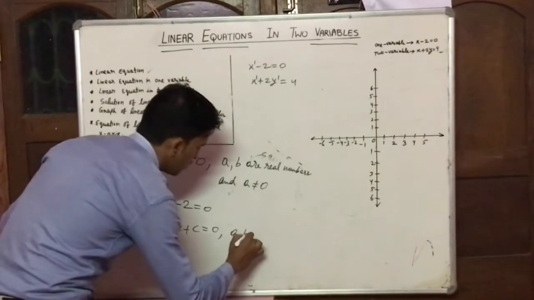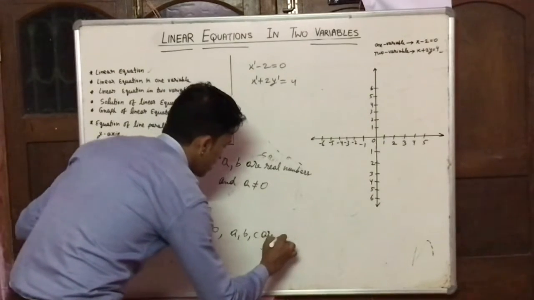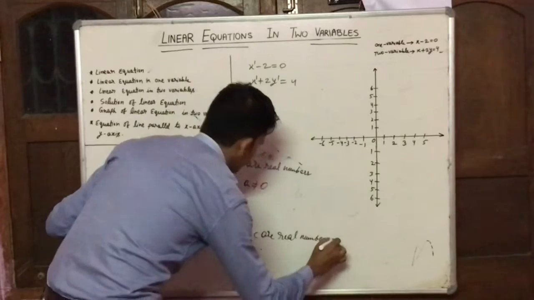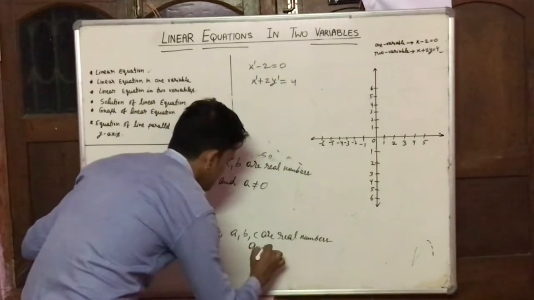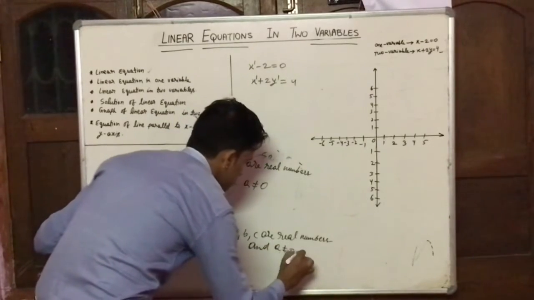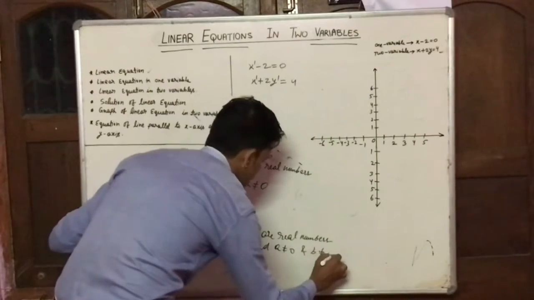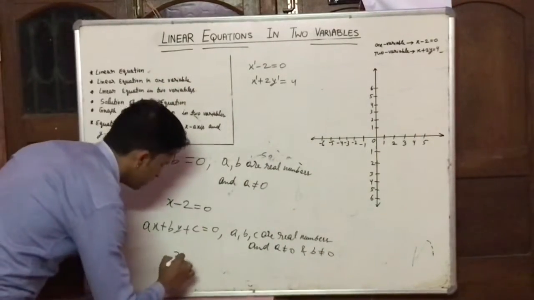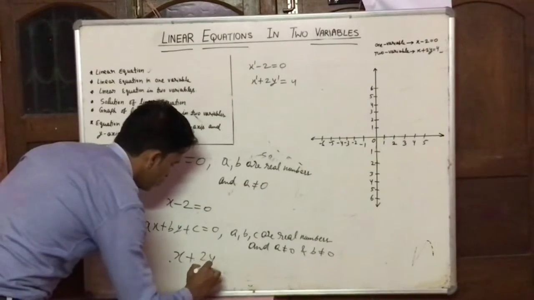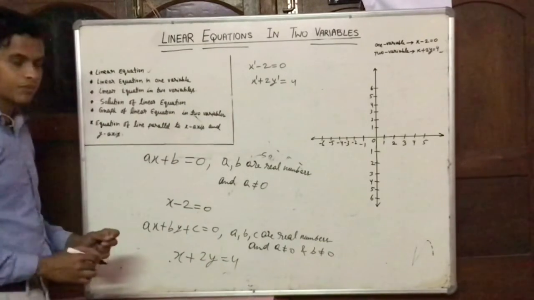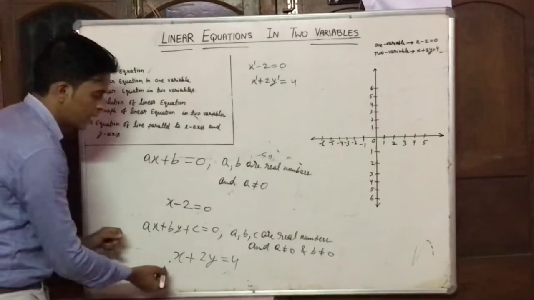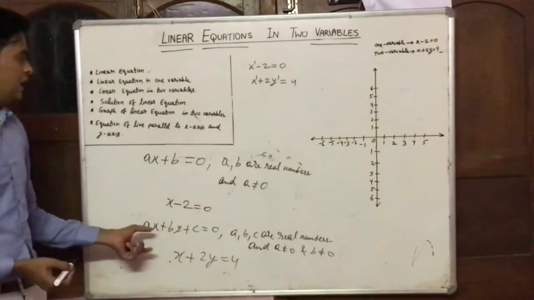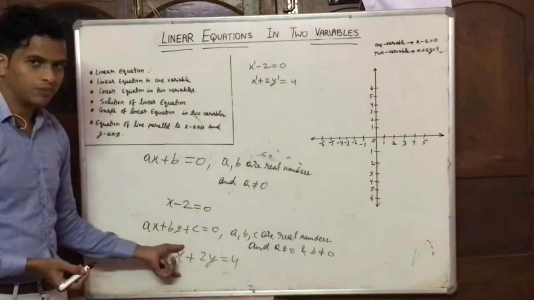Here a, b, c are real numbers and a is not equal to 0 and b is not equal to 0. So let me give you an example: x plus 2y is equal to 4. We have two unknown quantities, that means two variables.